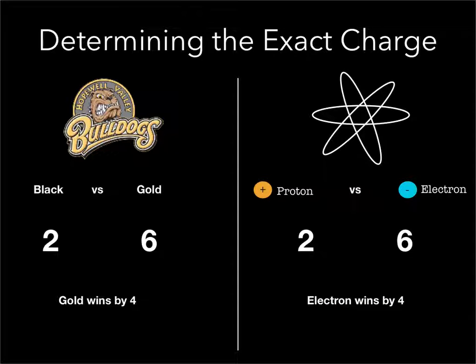Because the electrons win by 4, this atom is going to have a negative charge because electrons are negatively charged, and that charge is going to be negative 4 because you have 4 more electrons than you have protons.